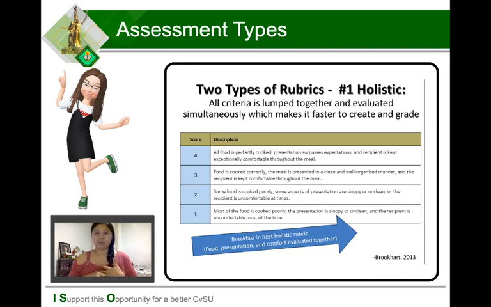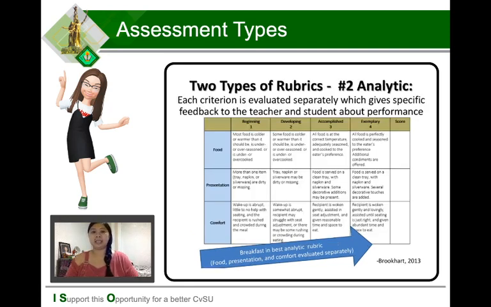And so, for this example, the food, the presentation style, and comfort were already evaluated altogether because they are written in the description. But the second is the analytic, wherein the food is graded differently with presentation and also comfort.